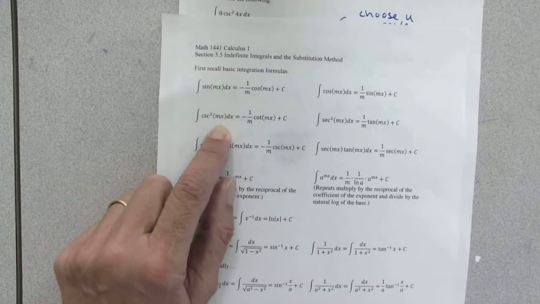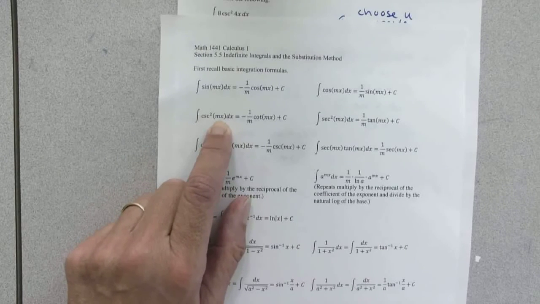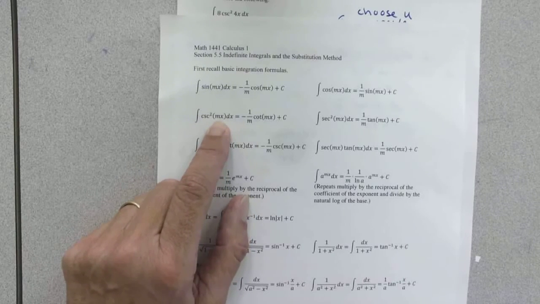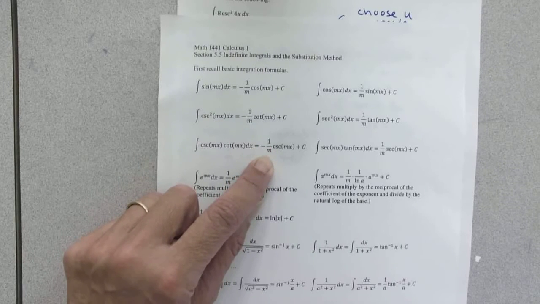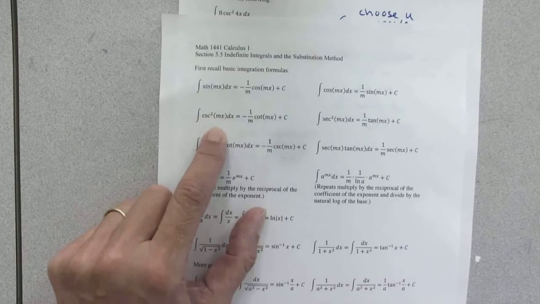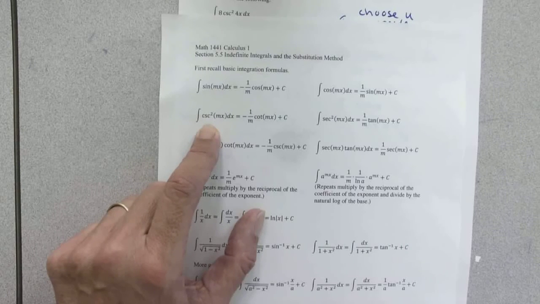Cosecant squared mx, when your argument was linear, and even if it's mx plus b, the effect of that slope m when I'm doing anti-differentiation is that I will always just divide by that slope. Opposite of the chain rule. If I was differentiating, the chain rule would have us multiply by that m.